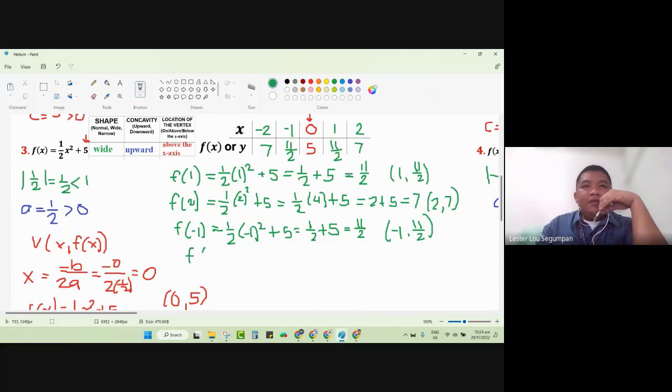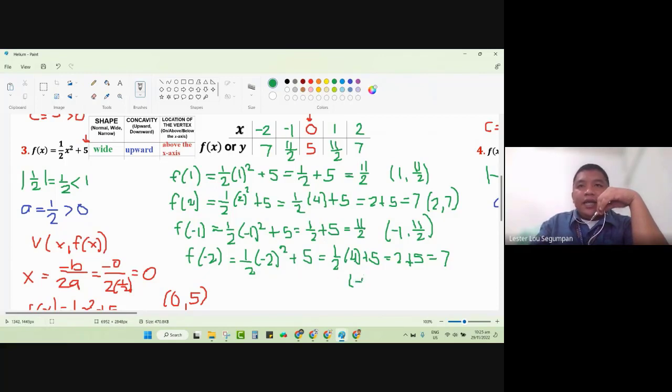And you will have f of negative 2, which is 1 half times the square of negative 2 plus 5. The square of negative 2 is just 4. So 1 half of 4 plus 5, which again results to 2 plus 5, and ultimately it's 7. So the point here is negative 2 and then 7. So again, they have the same results here.